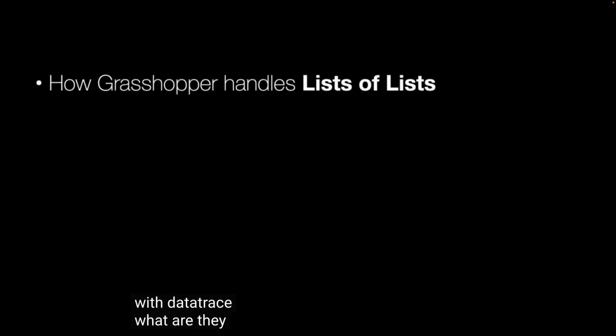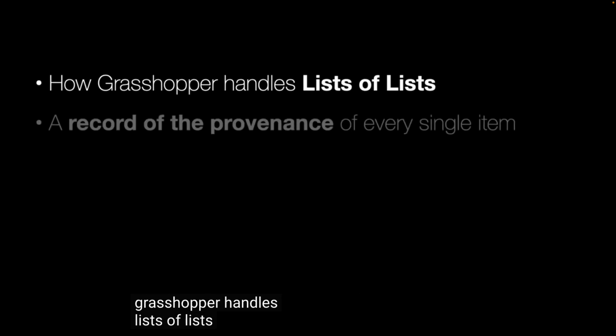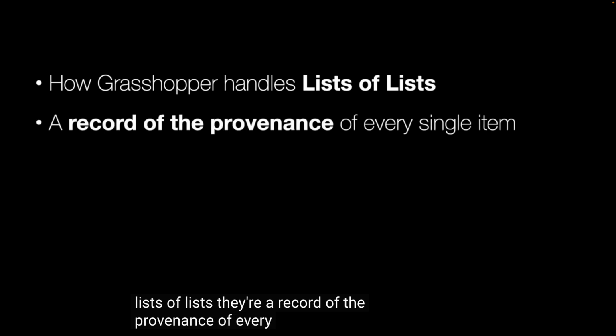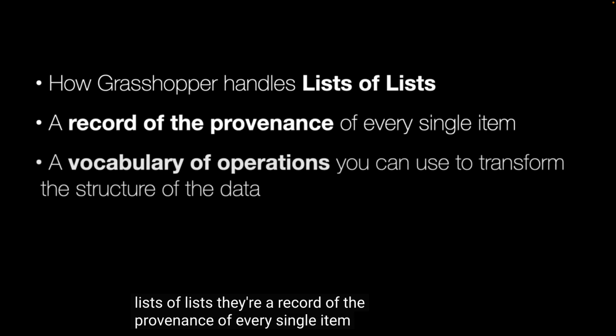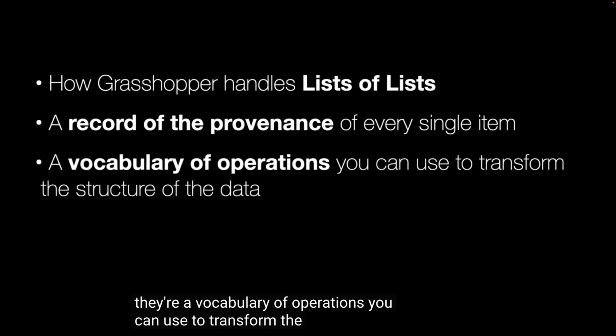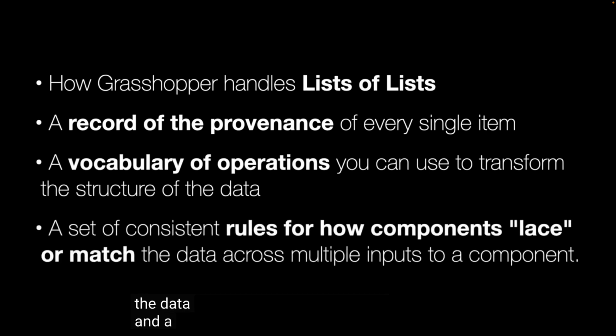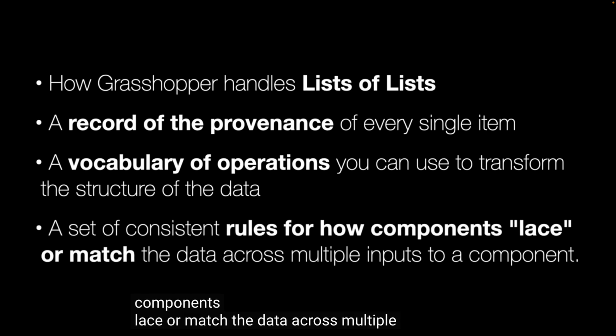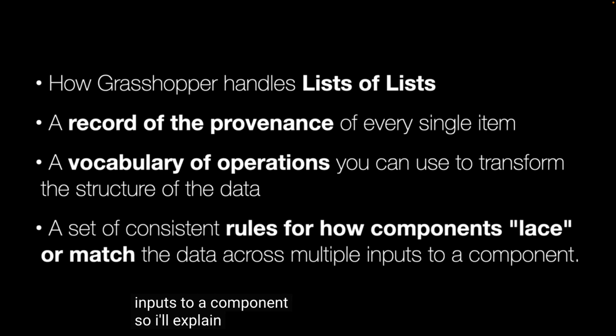What are they? Data trees are how Grasshopper handles lists of lists. They're a record of the provenance of every single item. They're a vocabulary of operations you can use to transform the structure of the data, and a set of consistent rules for how components lace or match the data across multiple inputs to a component. So I'll explain each of these in turn.